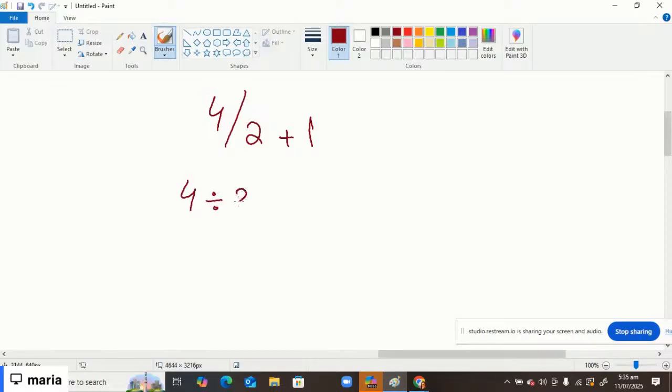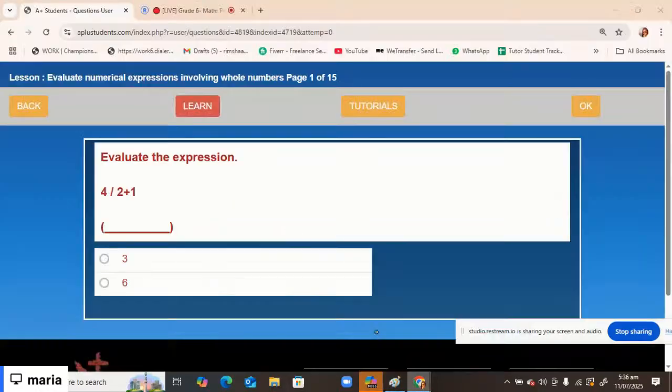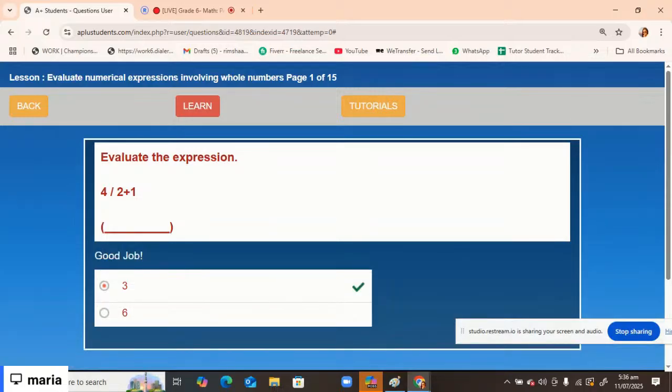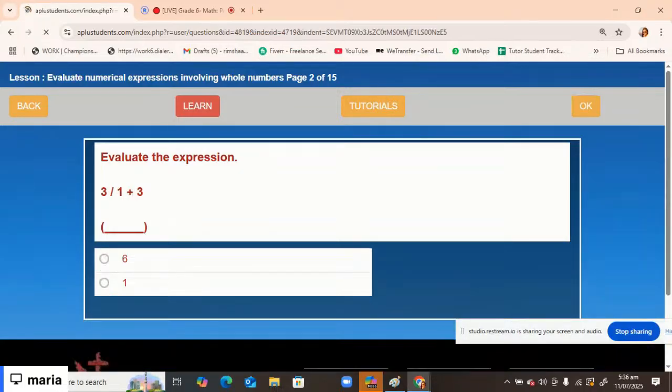We are going to divide 4 by 2. 2 times 2 is 4. So the answer is 2 plus 1, that is 3. This is the proper way that we do it. We are going to solve like this. That is 3. Let's see, is that the right answer? Yes, this is the right answer.